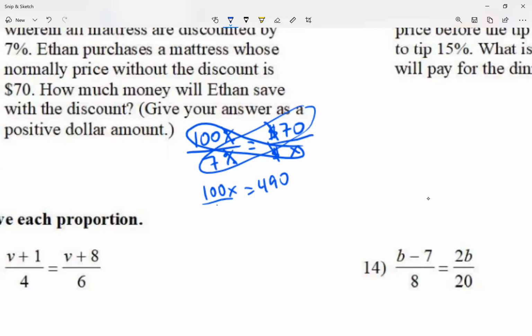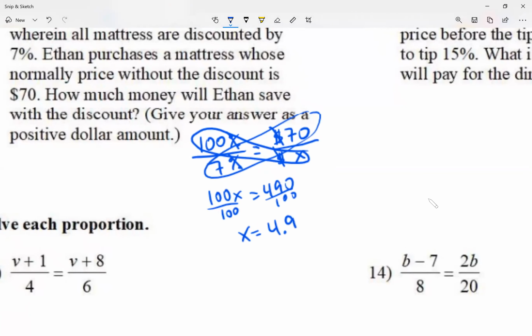Let me divide by 100. Use a calculator if you need to. 490 divided by 100 gives me 4.9. My calculator gives me 4.9. Now, when we talk about money, we use 2 decimal places. So in this case, let me call this 4.90. Okay, so he's going to save $4.90.